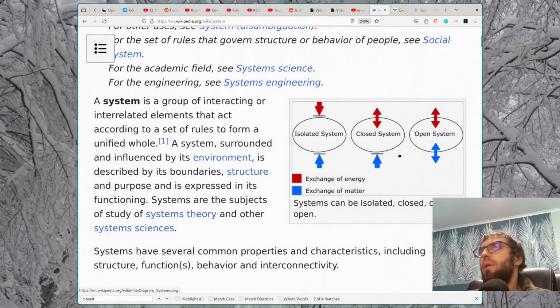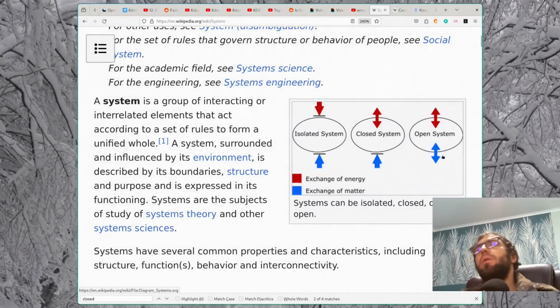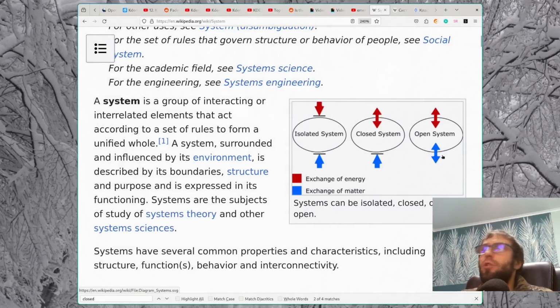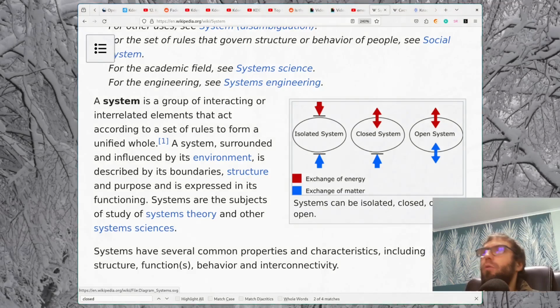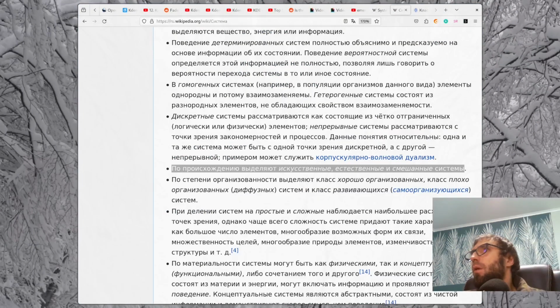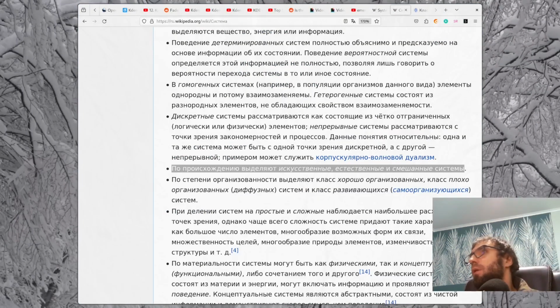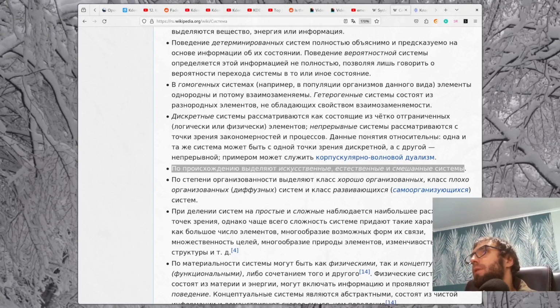And lastly there is the open system, which can exchange matter, energy, and information in both ways, as input and as output. Also, by origin or creation, artificial, natural, and mixed systems are distinguished.